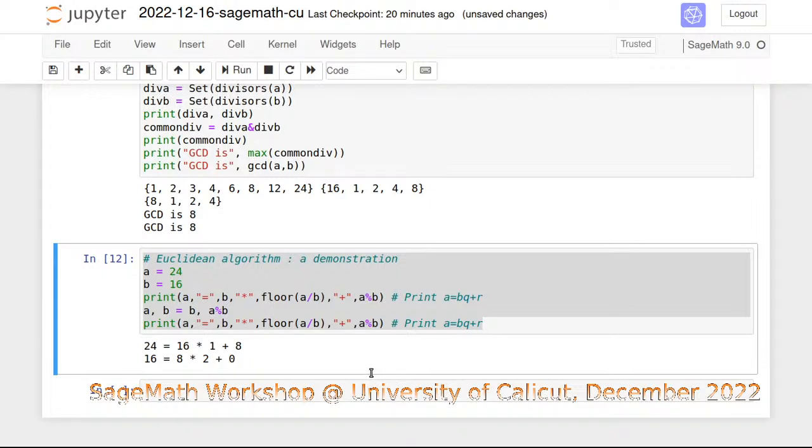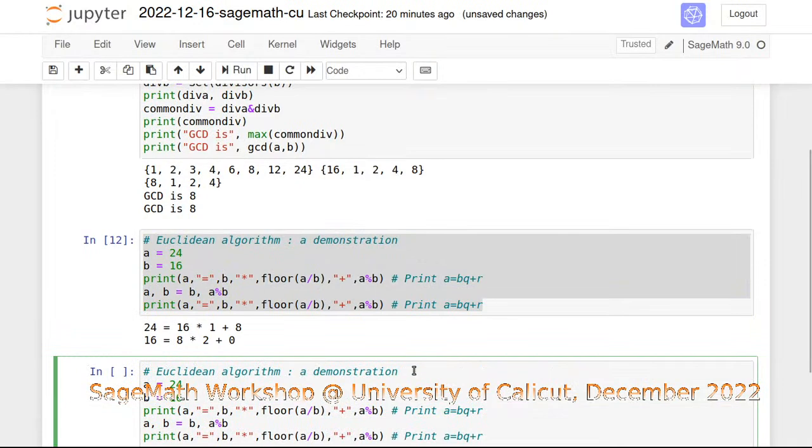So the Google document is now updated. Now doing it in a loop.